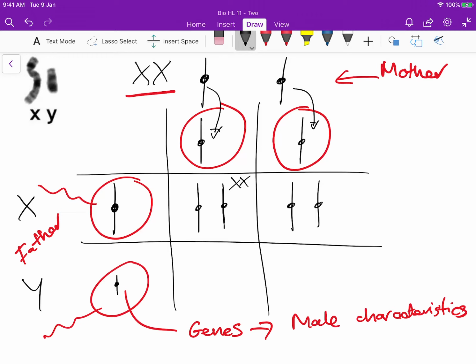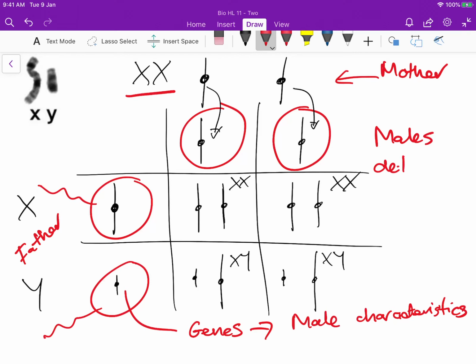The other half the time, the male is putting in the shorter Y chromosome, and now we are getting an XY, a boy. This makes you realise how silly it is that in some cultures women are blamed for not giving sons to males, but actually it's the males who determine the sex.